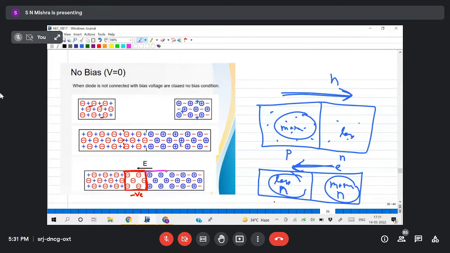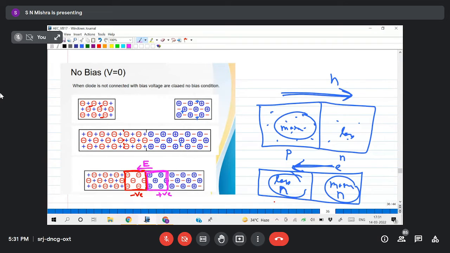Similarly, this area will have only positive charge, so I'll have net positive charge. So in this depletion region, I'll get a dipole. Due to this dipole, one electric field will generate whose direction is positive to negative.